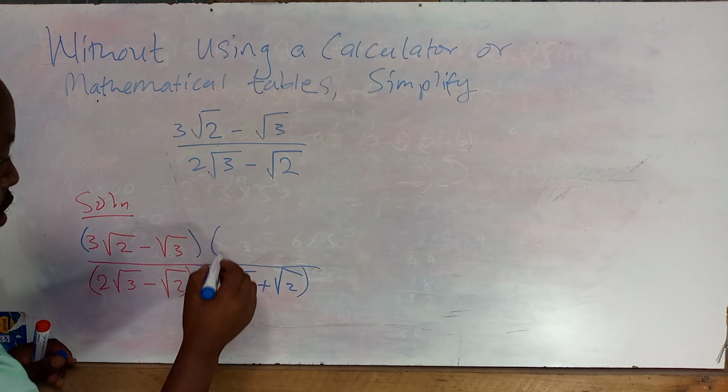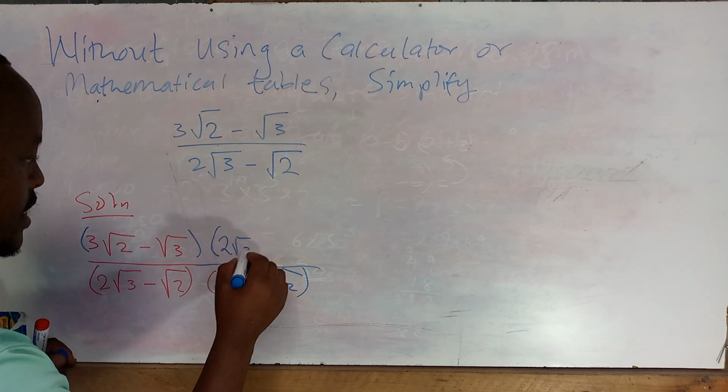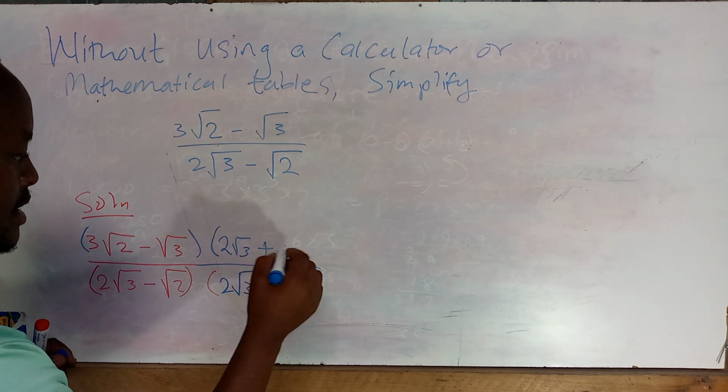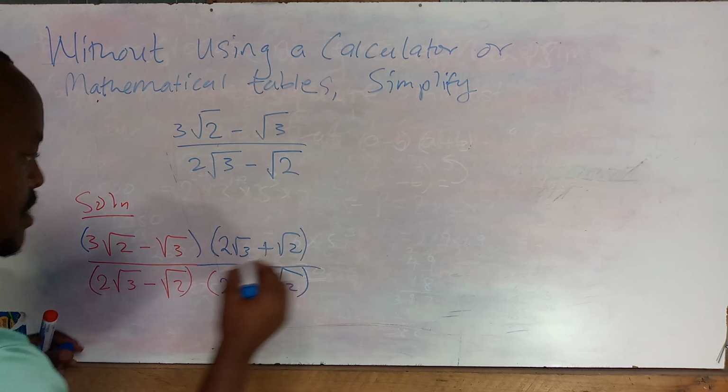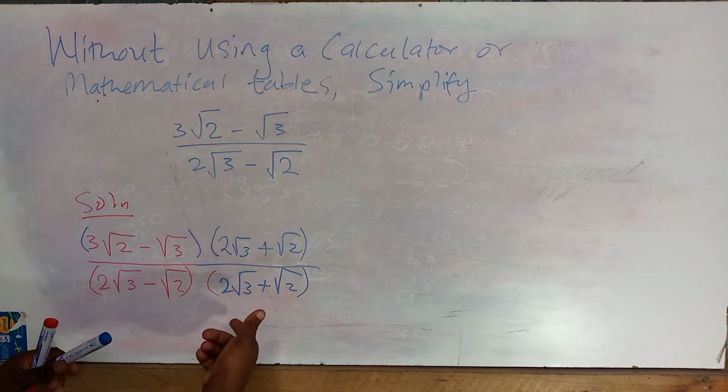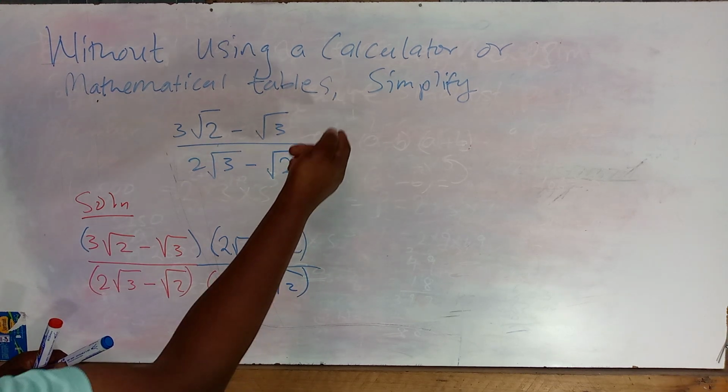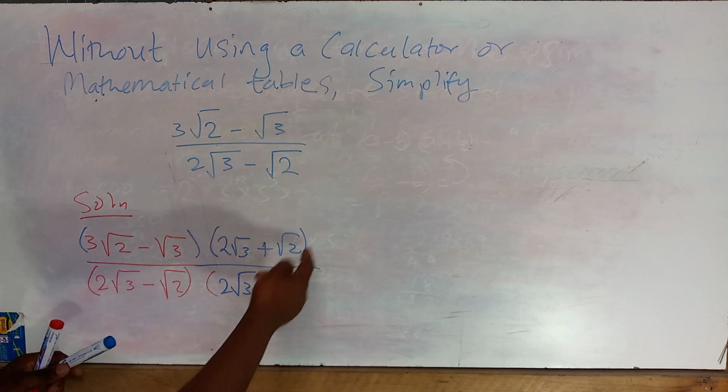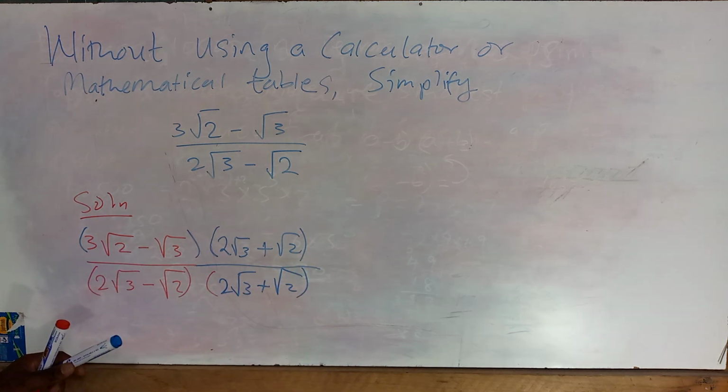So we just multiply by 2 root 3 plus root 2. Now this means we can cancel above this one and this one to give us 1, 1. So it's like we haven't done anything.